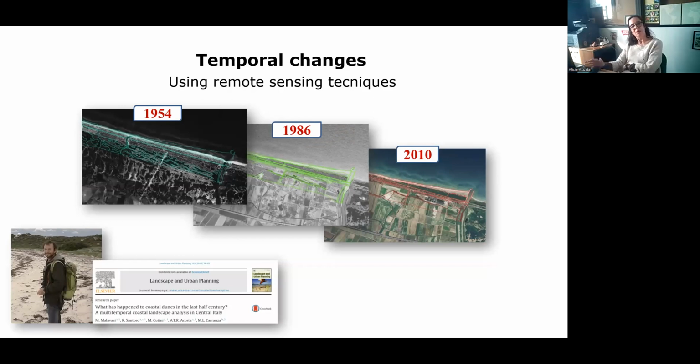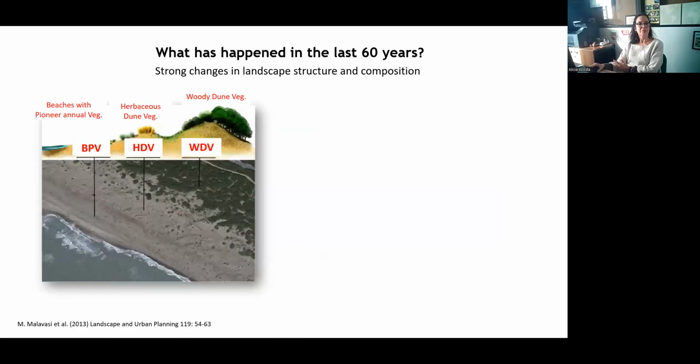Marco Malavasi and colleagues, using aerial photographs, quantified landscape changes on dune cover types in three dates: 1954, 1986, and 2010. So covering more or less 60 years.